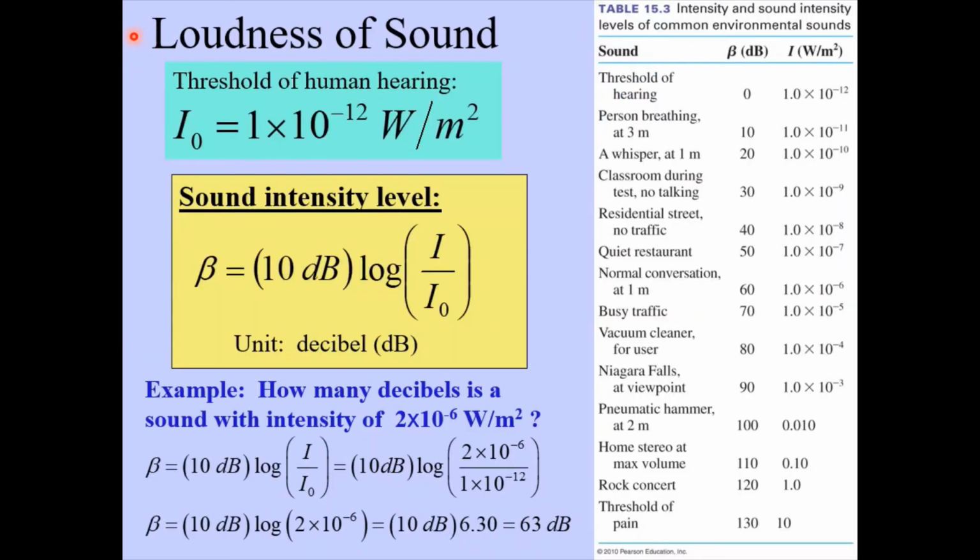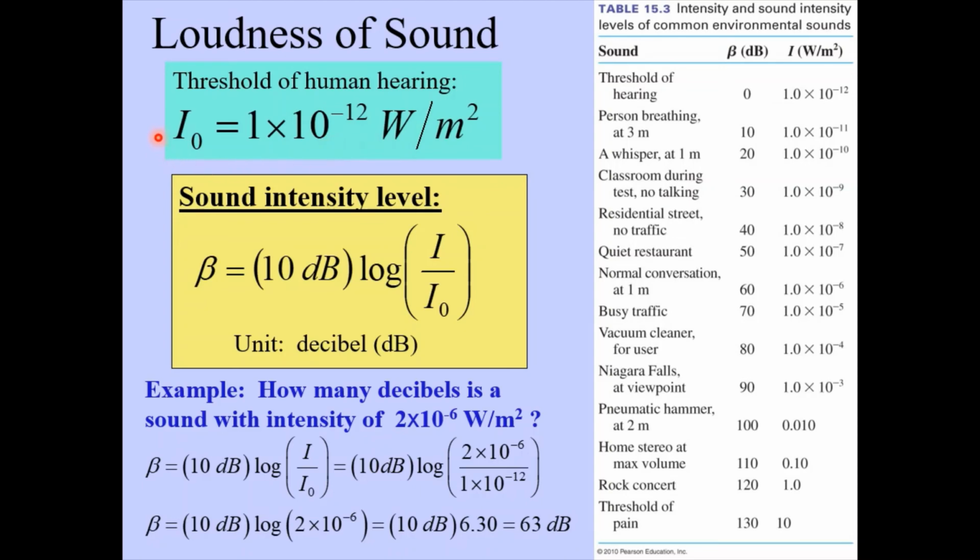Our last slide here in this chapter has to do again with the intensity and rate of energy transfer, but this we're going to talk about for sound, and so this has to do with the loudness of sound. For typical human hearing, the threshold, meaning the softest sound that we can hear, is an intensity of about 10 to the minus 12 watts per square meter.